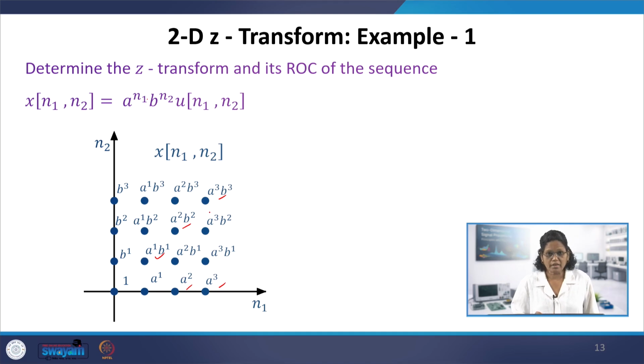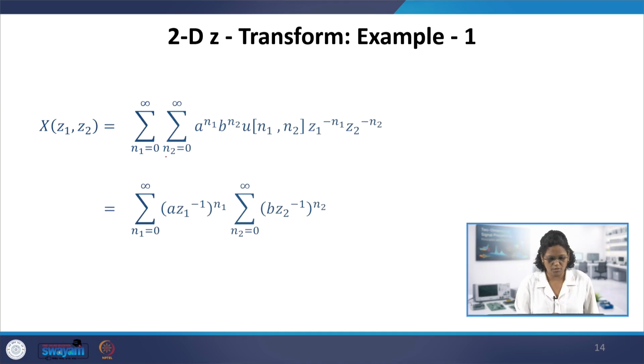Now taking the Z transform of it, with n1 and n2 from 0 to infinity, a power n1 and b power n2, u of n1, n2, z1 power minus n1 and z2 power minus n2. This can be clubbed: a with z1, that is a times z1 power minus 1, to the power n1.